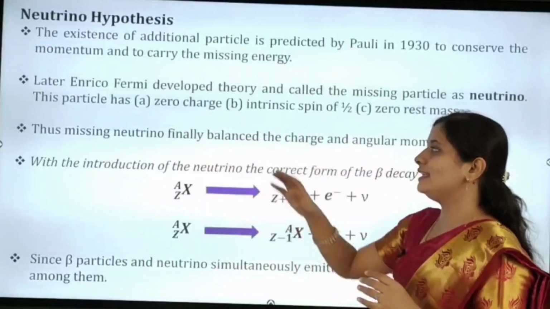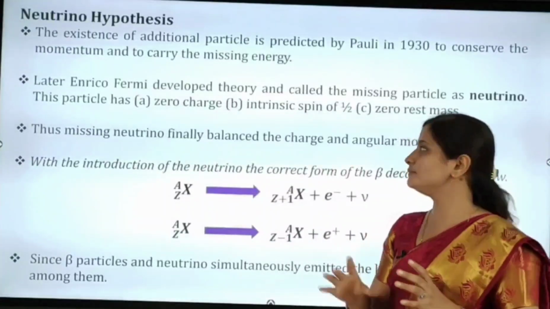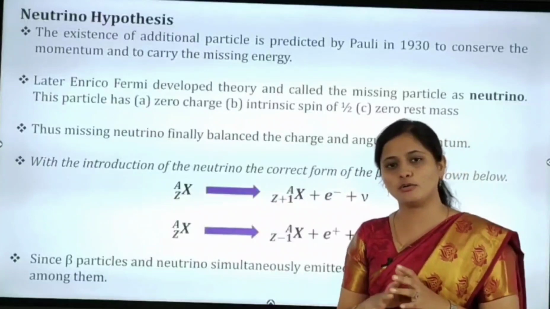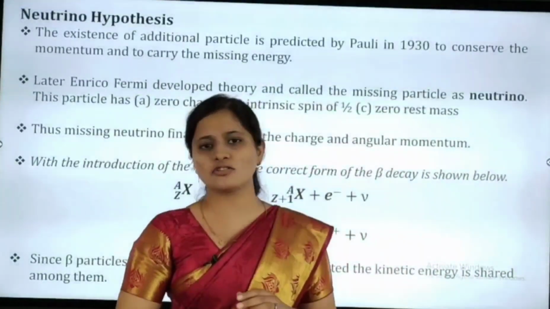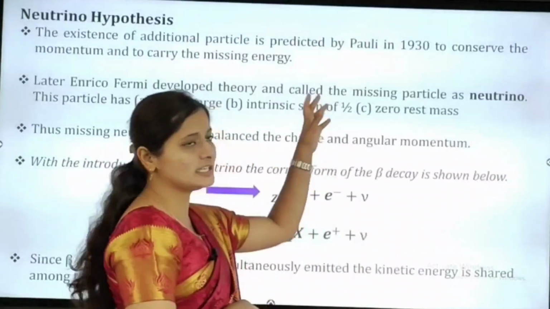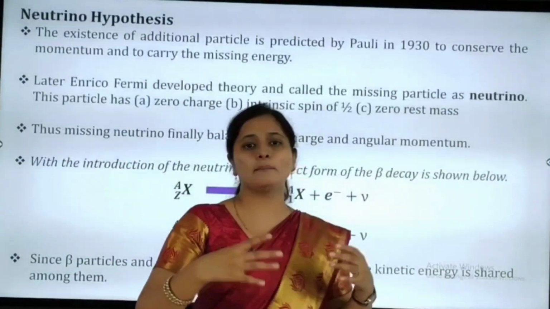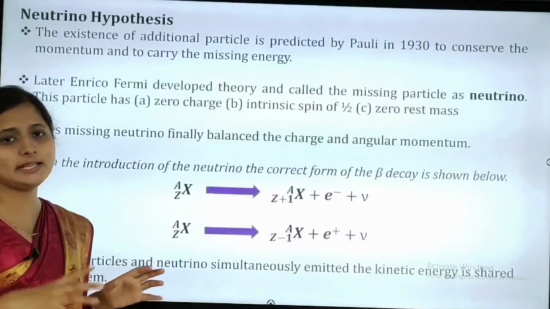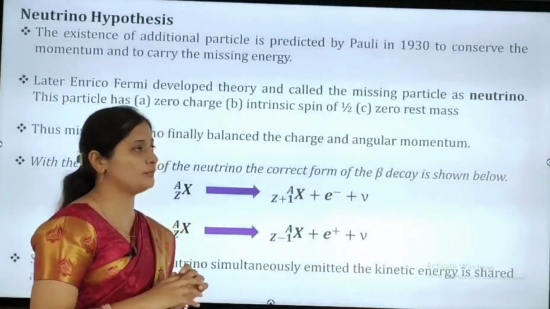Later, Enrico Fermi developed a theory and called the missing particle a neutrino. First, in 1930, Pauli proposed an additional particle that conserves momentum and carries the missing energy. Later Fermi developed the theory and called that missing particle a neutrino.